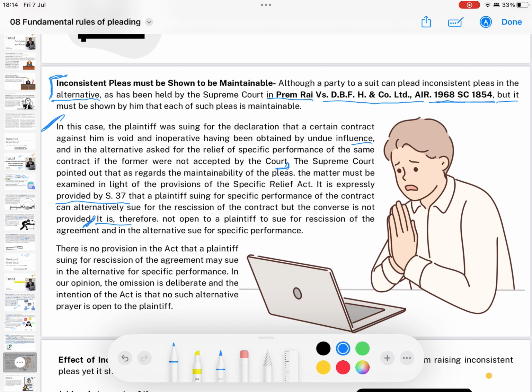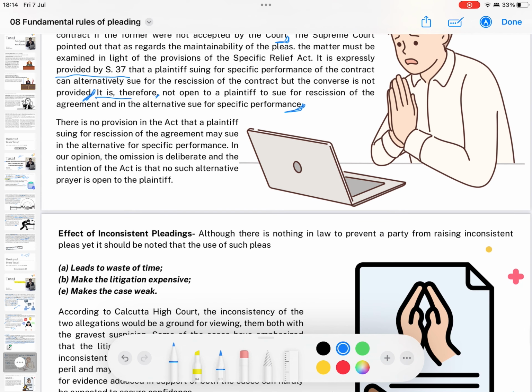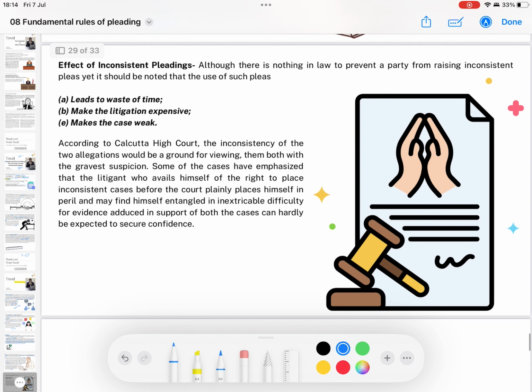It is therefore not open to a plaintiff to sue for rescission of the agreement and in the alternative sue for specific performance. There is no provision in the Act that a plaintiff suing for rescission of the agreement may sue in the alternative for specific performance. In our opinion, the omission is deliberate and the intention of the Act is that no such alternative prayer is open to the plaintiff.